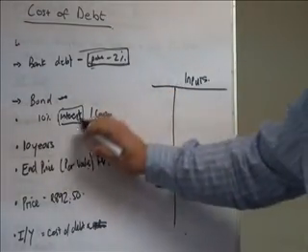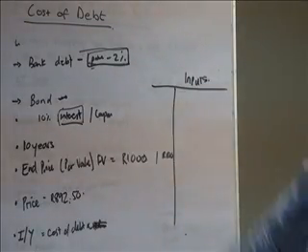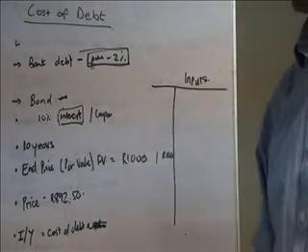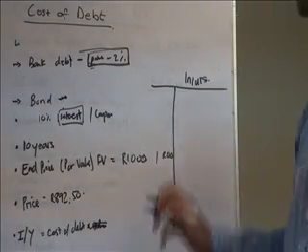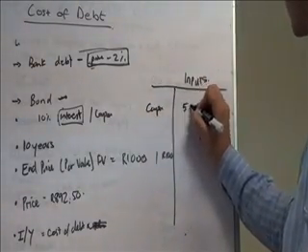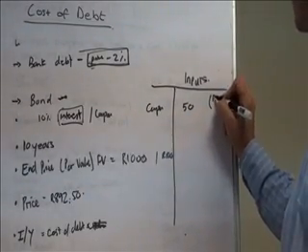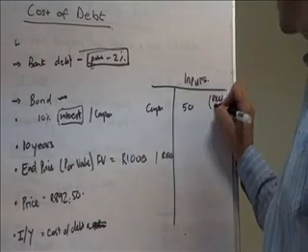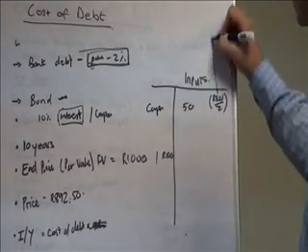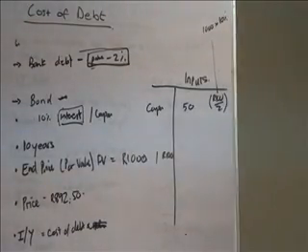What we're basically saying is, the end value is 1,000, we're going to give you 10%, but we're going to pay you semi-annually. So the coupon they're going to pay us is 50 rand, that's the 100 rand divided by 2, and the 100 is equal to the 1,000 times 10%.